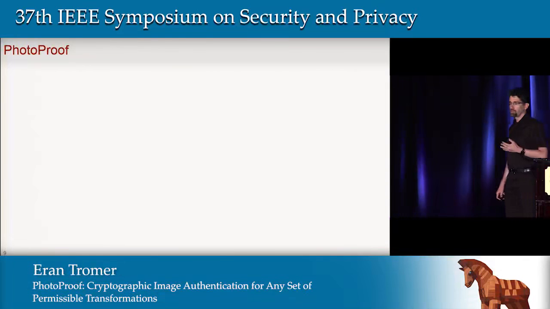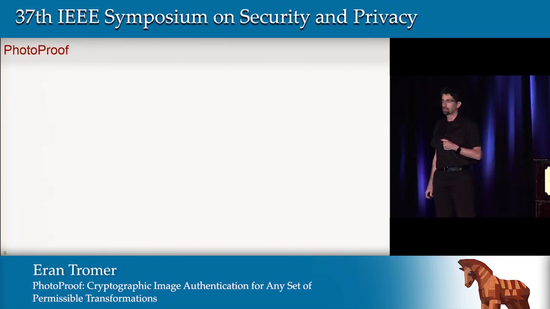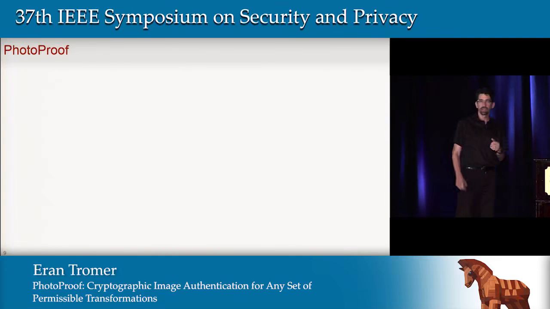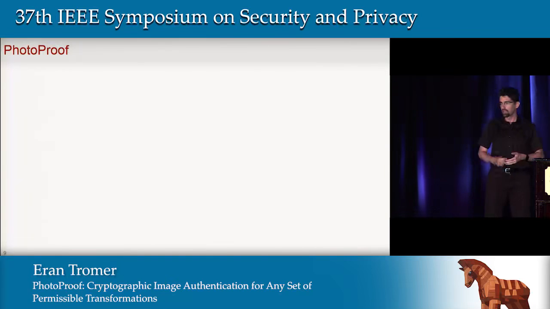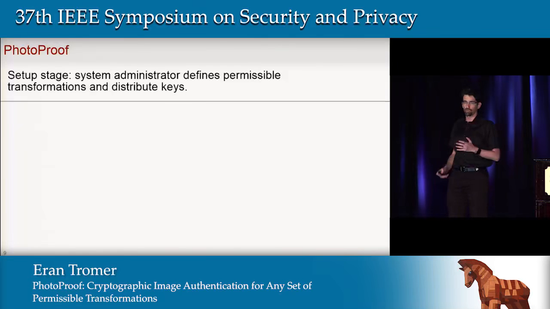There is a setup stage where the system administrator, say the manager of the dating website or the US government attorney general, they decree what is their state of permissible transformations, and they run an algorithm to encode that into a set of public keys used for proving and verifying statements. This is done just once for every application.